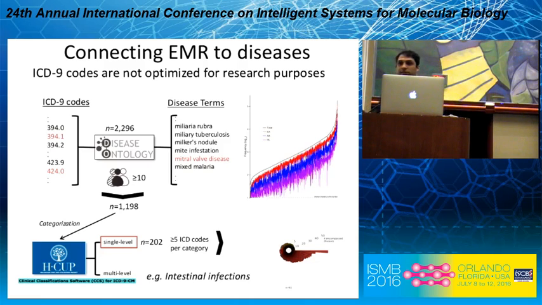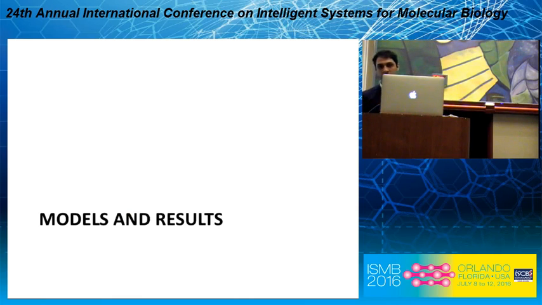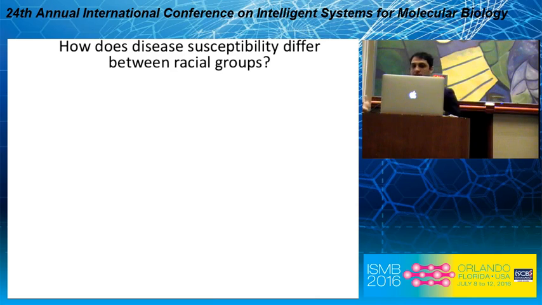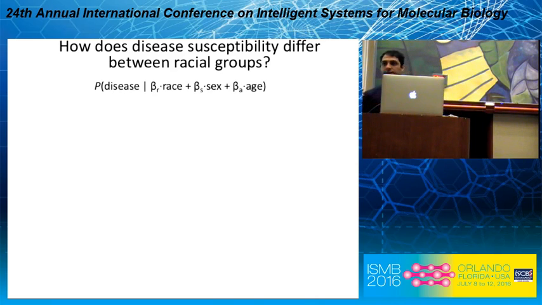With these data organized and processed, we can begin to do some analyses. The first question we can ask is, how does disease susceptibility differ between racial groups? To answer that, we did a simple logistic regression where we asked, does the probability of a disease depend on self-reported race, sex, and age? Age here is their current age.